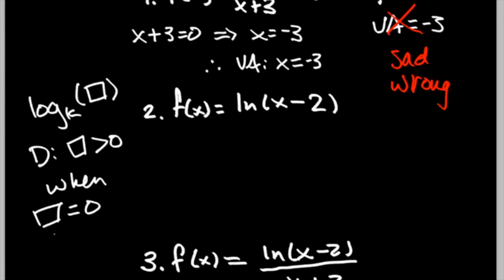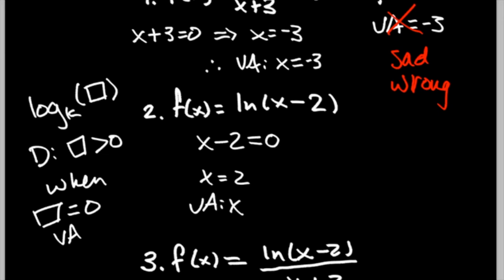So we have to figure out where that thing equals 0. By that thing, I mean the thing inside of the log, x minus 2. We can easily see that this happens at x equals 2, so we can say that the vertical asymptote is x equals 2. And that's it. And again, don't write VA equals 2. Just don't do that. Sadness. Okay.